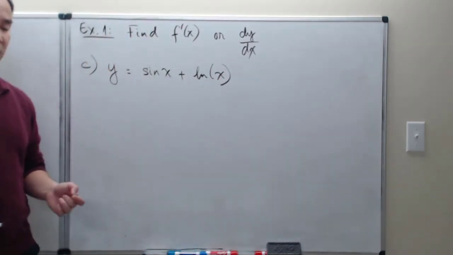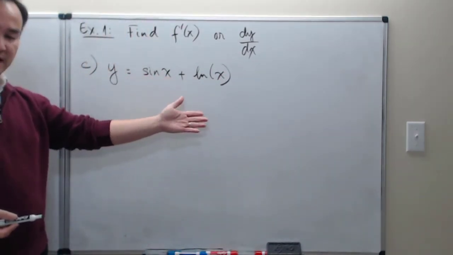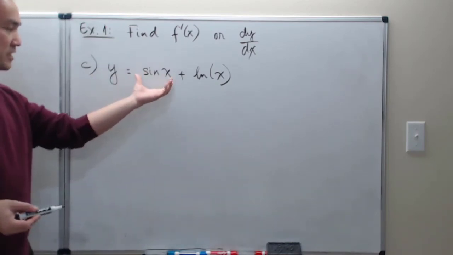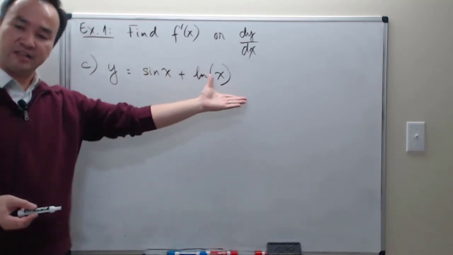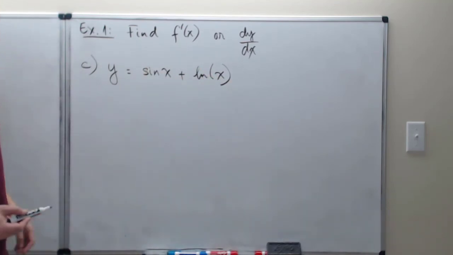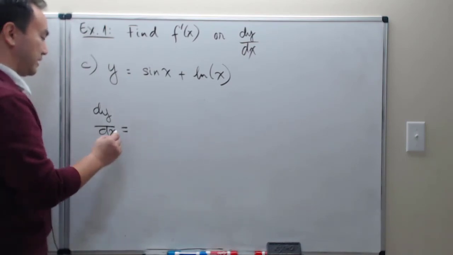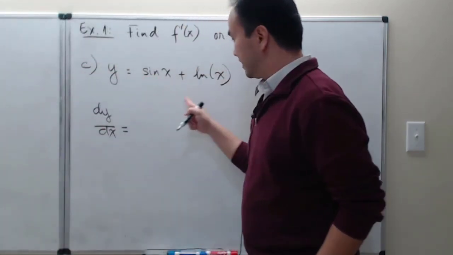Our function here has two terms. The first term involves a trig function, and the second term is the natural log function. So now, taking dy/dx, taking the derivative here, is simply taking the derivative term by term.